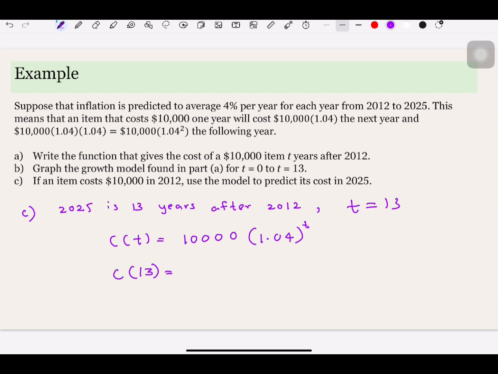So 10,000 multiplied by 1.04 to the power 13. Use your calculator to get this value. This is around 16,650.75. This value gives you the cost expected in 2025. So this is how exponential growth applies to real world scenarios like inflation.